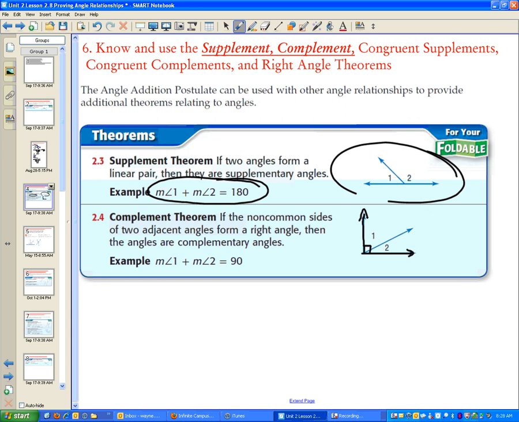Isn't that the definition of complementary angles? So the complement theorem is an idea we've used, even if we never said it just like this. You hanging in there with me? All right, I thought so.